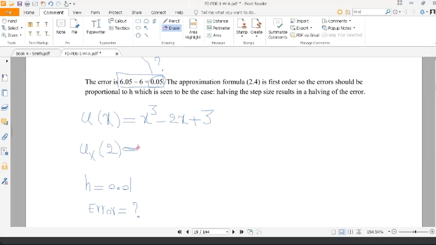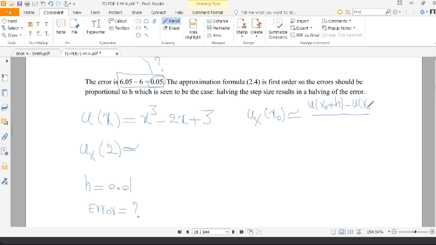The forward finite difference method is: u_x at x0 is approximated by u of x0 plus h minus u of x0, over h.